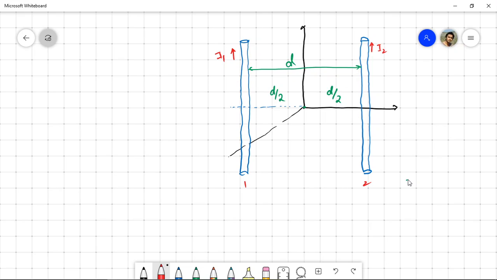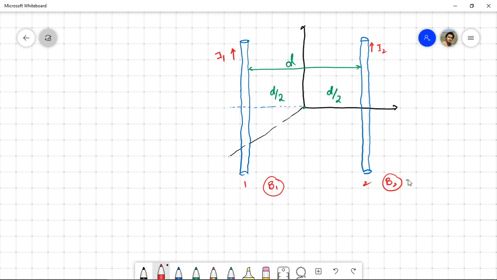Due to the passage of this current, there will be a magnetic field produced by this conductor, which we will denote by B1, and we will denote the magnetic field generated by the second conductor as B2.